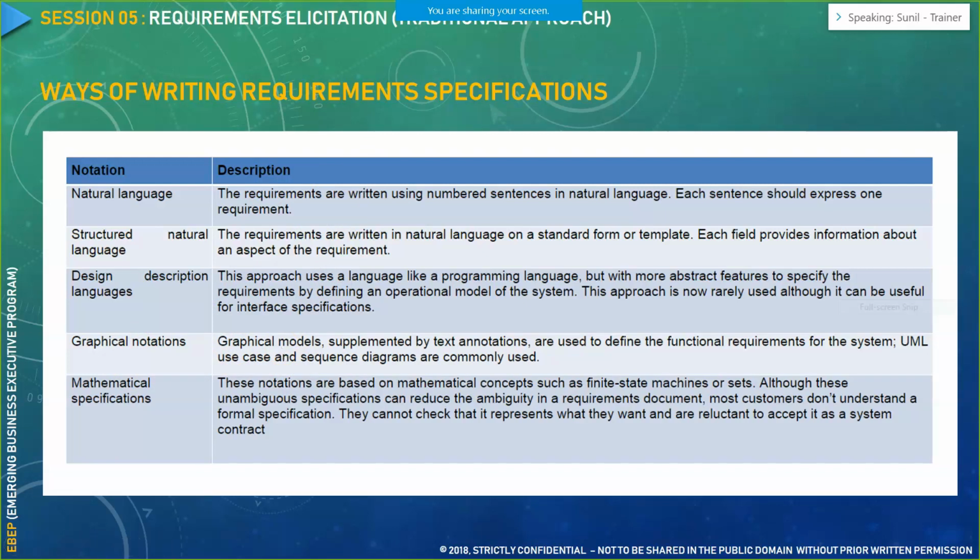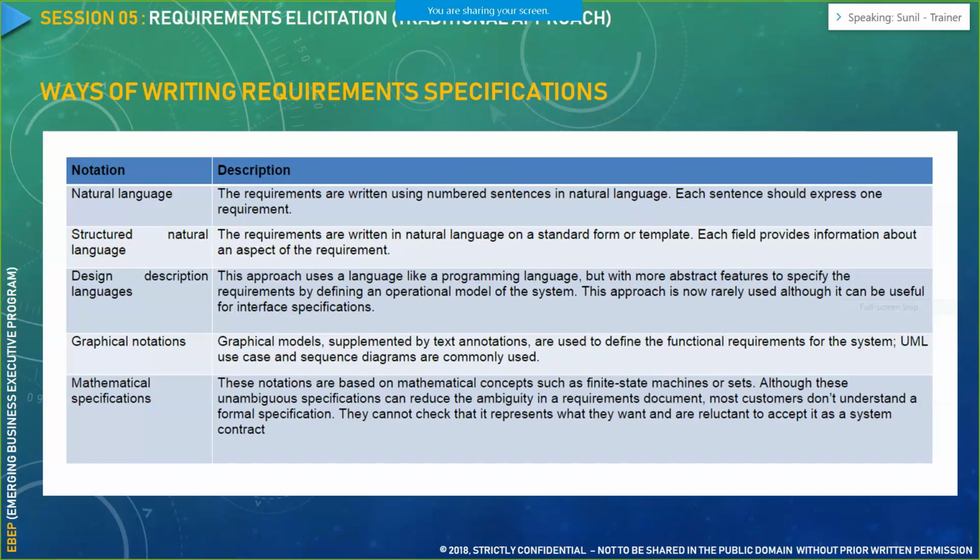Then comes your mathematical specification. So mathematical specifications are not used in all the projects, but yes, in certain industries, if you consider the banking and insurance industry, when it comes to writing the algorithm in order to design a particular system, we tend to use mathematical specification for writing the requirement.